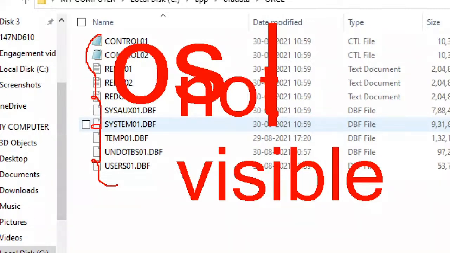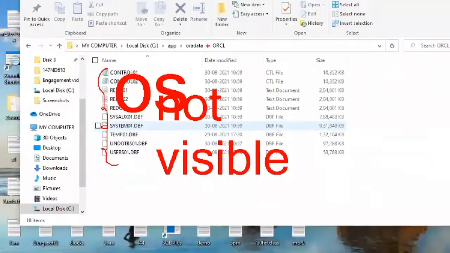Views are not visible in the C drive, D drive, E drive. Indexes, functions, procedures are not visible. They are visible in the database, I agree, but unfortunately they are not visible in the operating system.